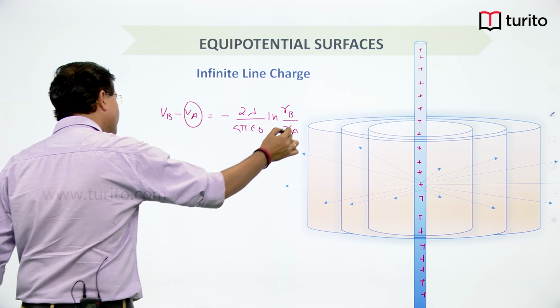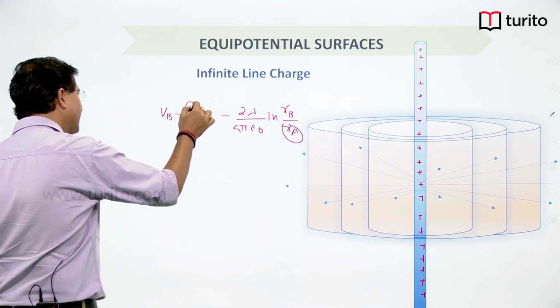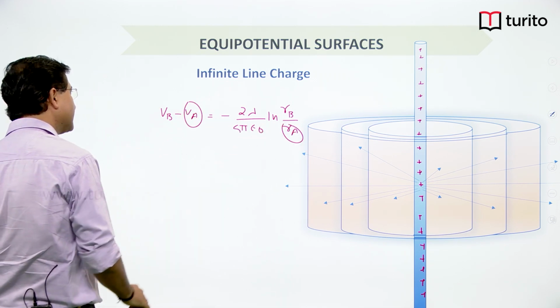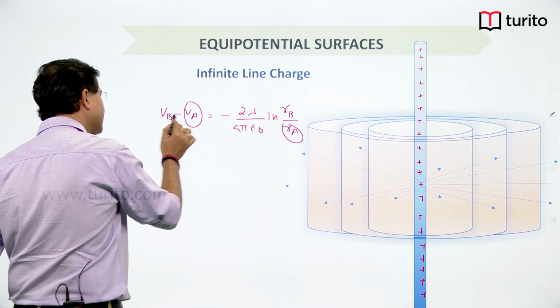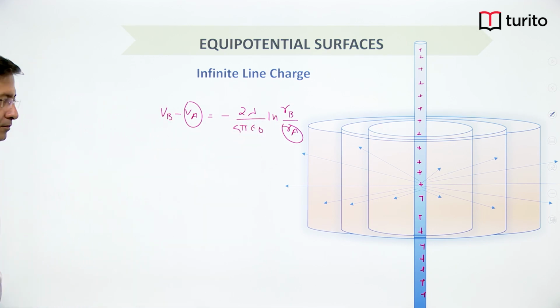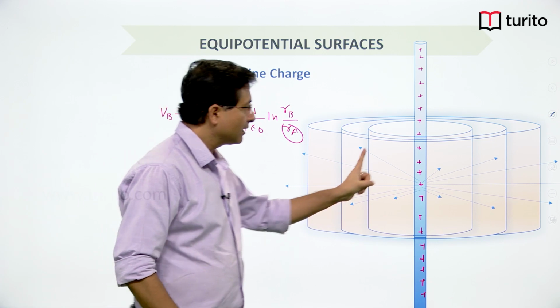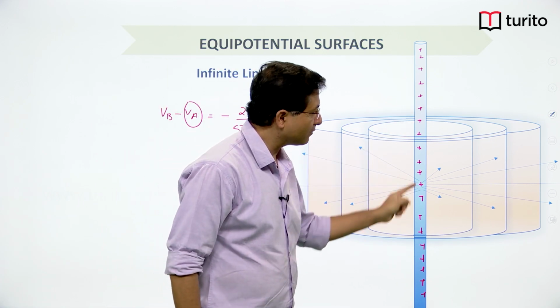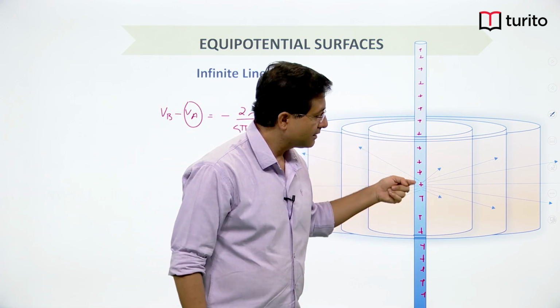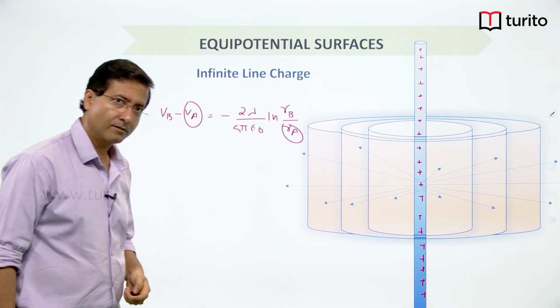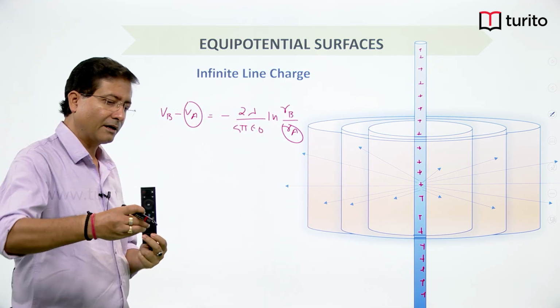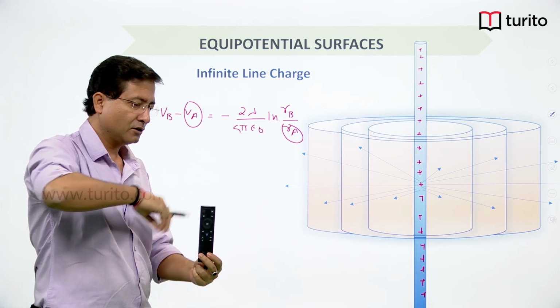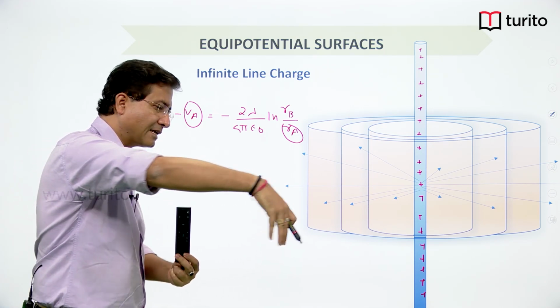Keeping a fixed position for a fixed potential, you can see that at a particular distance r from this infinite wire, you are going to get the same potential.